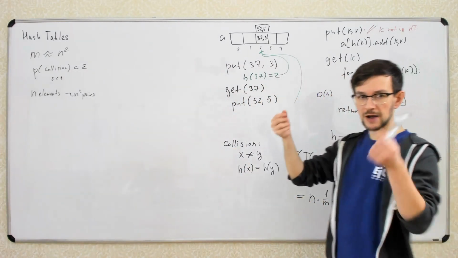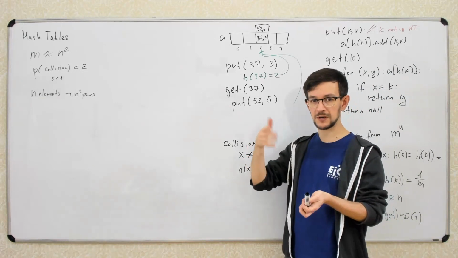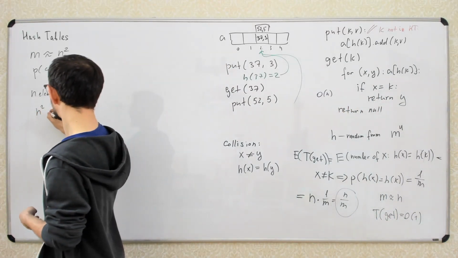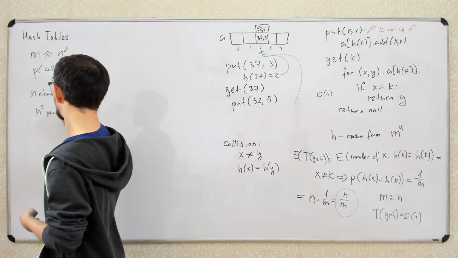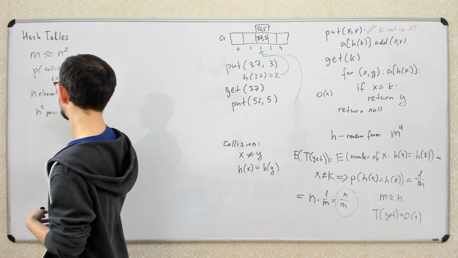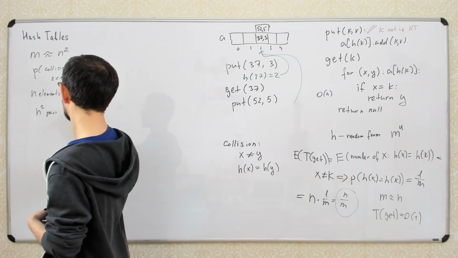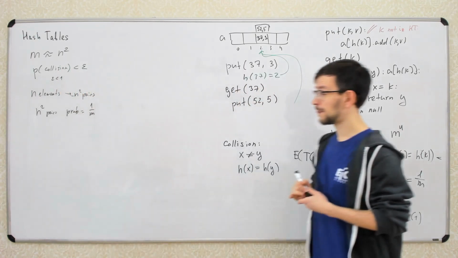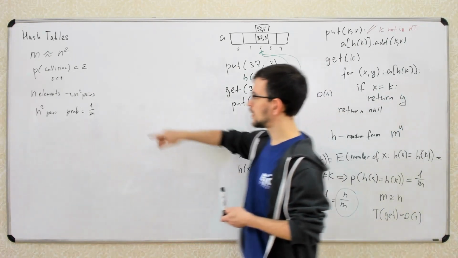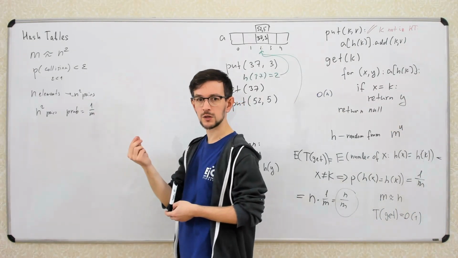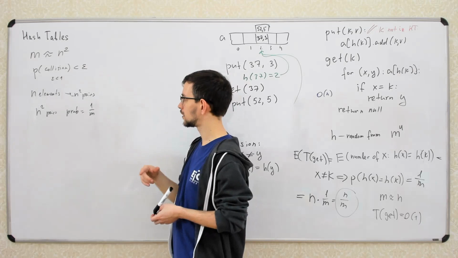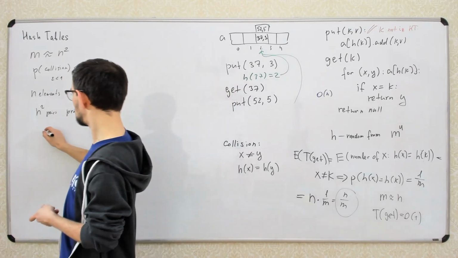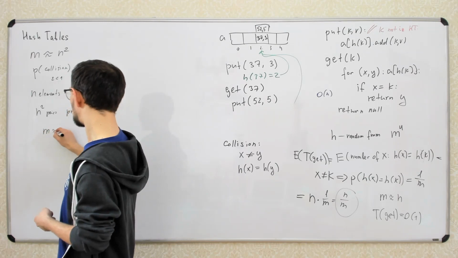Each pair may have a collision with probability 1 over m. So to have the probability of at least one collision be less than epsilon, you need this m to be about n squared.